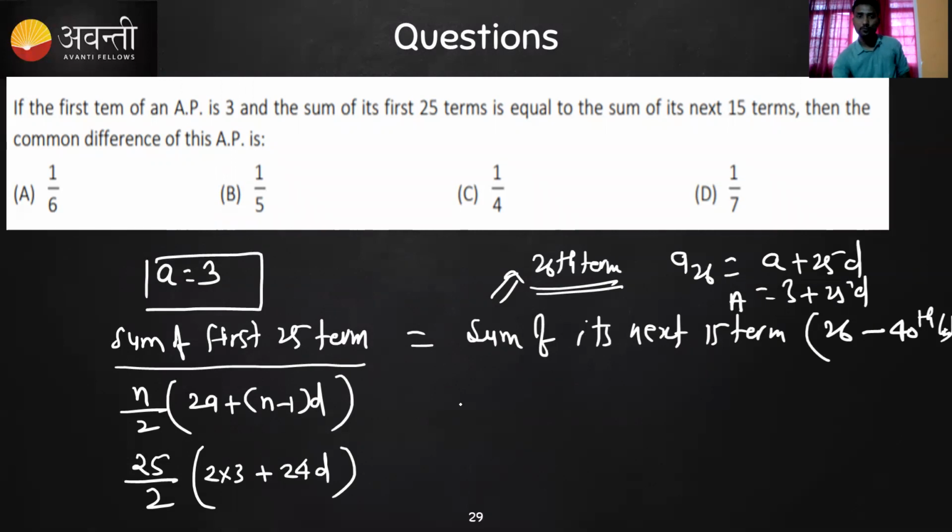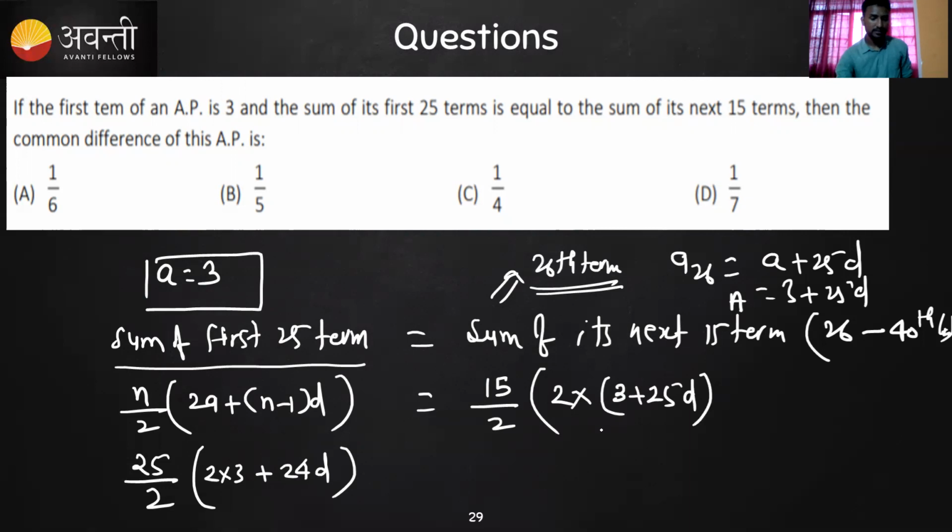So from here you can write there are a total of 15 terms, but here the a will become 3 plus 25d, and then it will be 15 minus 1, that is 14d. So basically this is the sum of its next 15 terms.